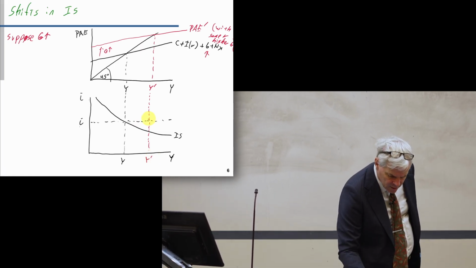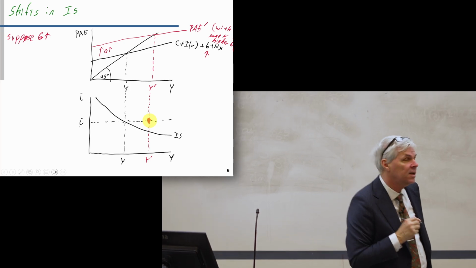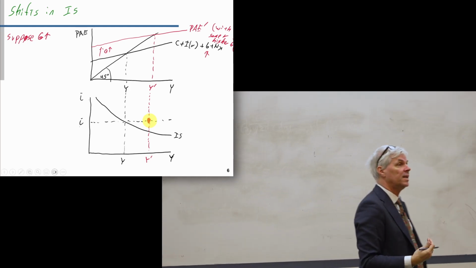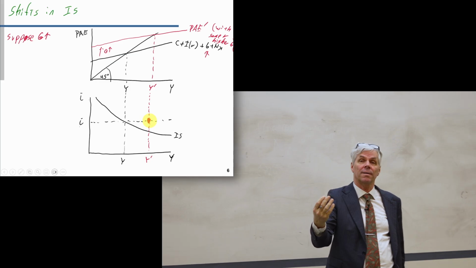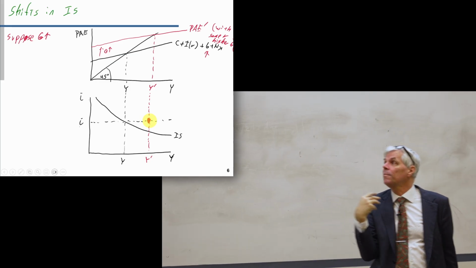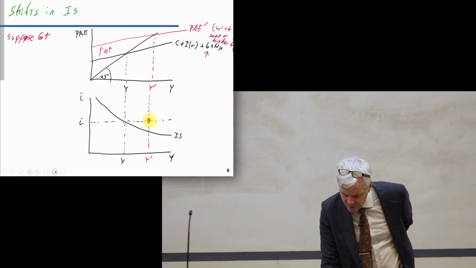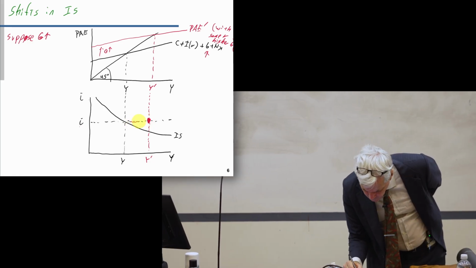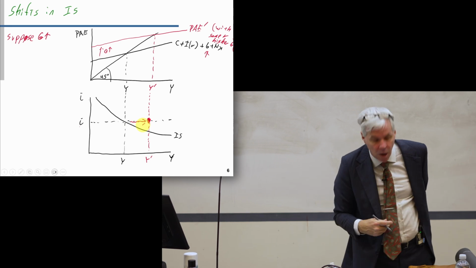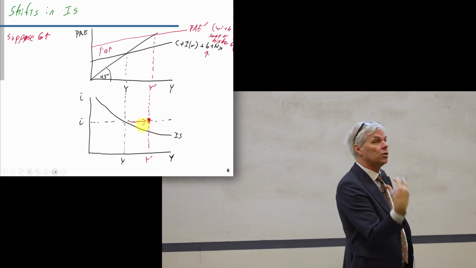And so this point here is now on our IS curve. It is now in equilibrium in the goods market. Right? So if government spending goes up, we're going to shift this curve at every level of interest rate. We are now going to have a higher level of output that gives us equilibrium in the goods market.